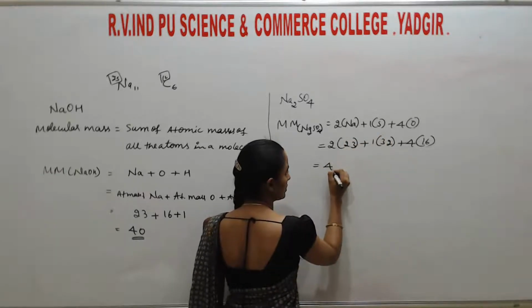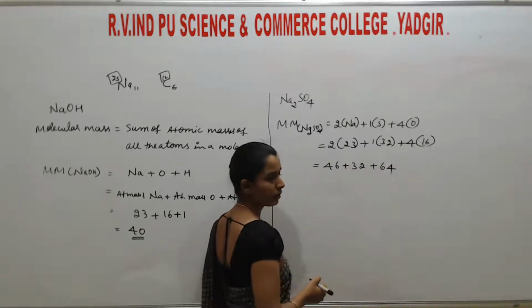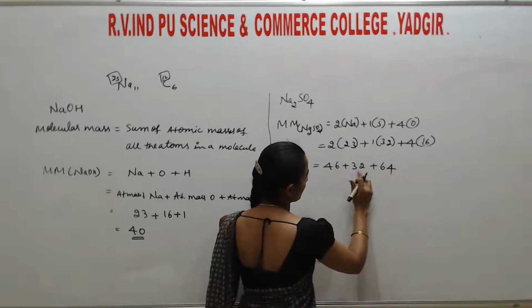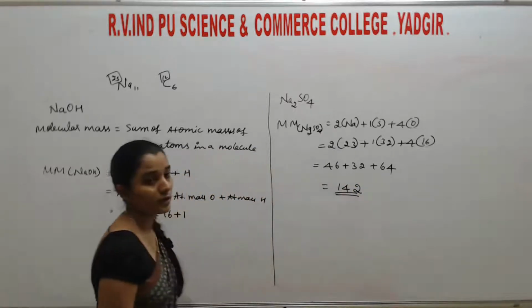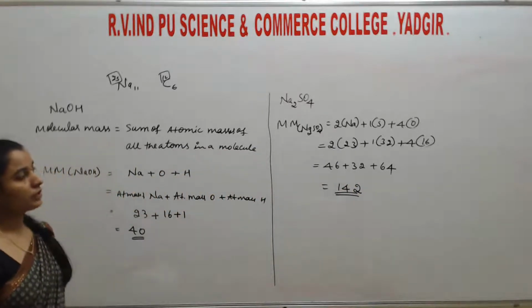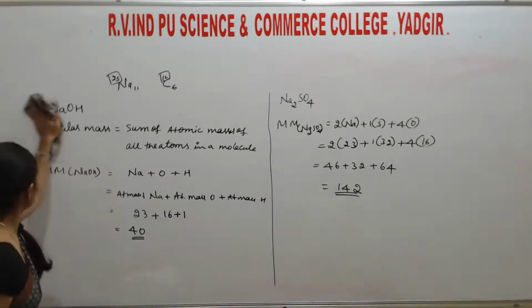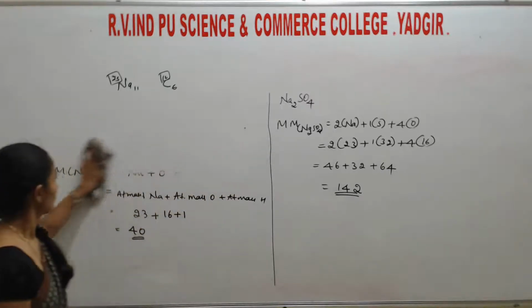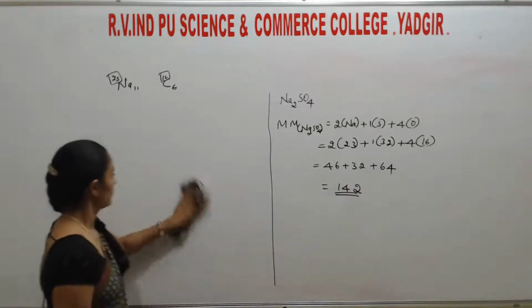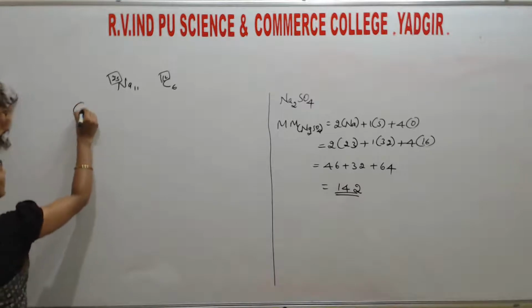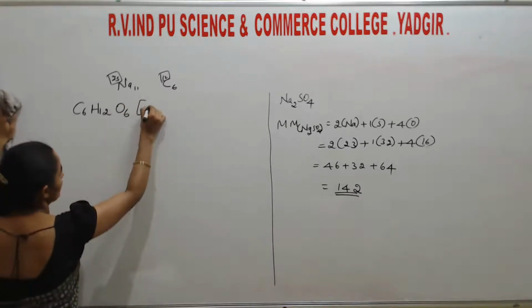So this is 46 plus 32 plus 64. If you add this up, 142 is the molecular mass of sodium sulfate, Na2SO4. Okay, so the next one is C6H12O6. That is what?